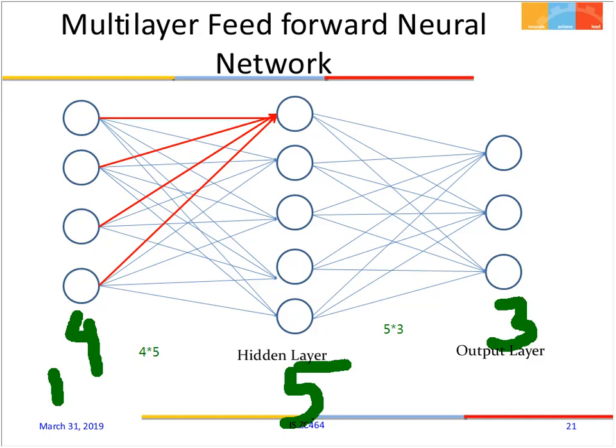So now you can understand the complexity of your neural network. It says that the weight space dimension itself is 35. Now you can see, from the two-dimensional weight space which we were talking about a little earlier, now we have to go for a 35-dimensional weight space.